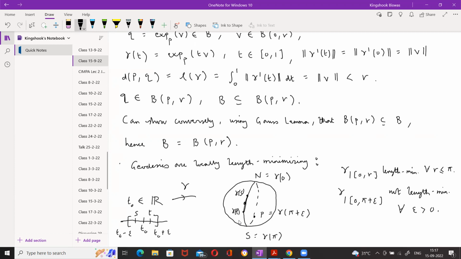Of course, for r equal to pi, gamma is not the unique length minimizing curve. All the longitudes are length minimizing from the North Pole to the South Pole. So you may not have unique length minimizing curves.